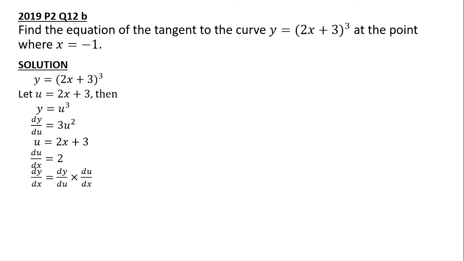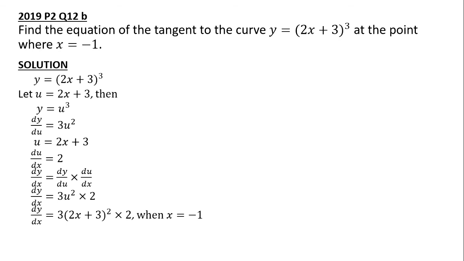Where there's our dy du, we'll replace our 3u squared, and where there's our du dx, we'll replace our 2. It's going to look like that. Where there's that u, we are going to substitute our 2x plus 3, which is going to look like that. So our dy dx will be equal to 3, open your bracket, 2x plus 3 to the power 2 times 2.